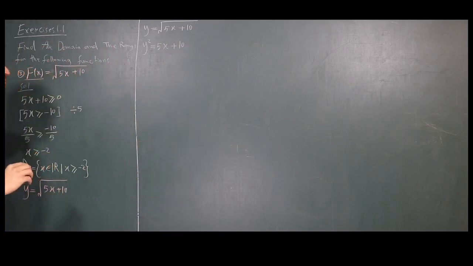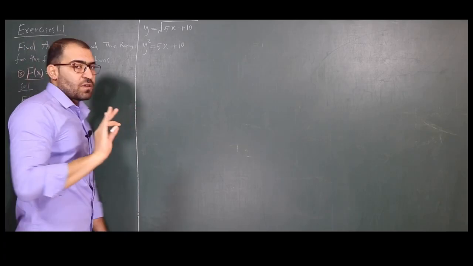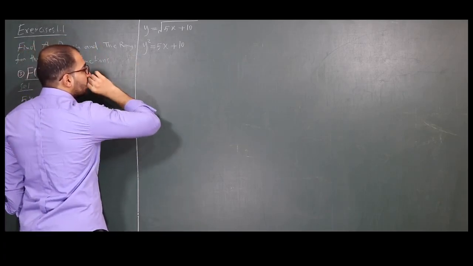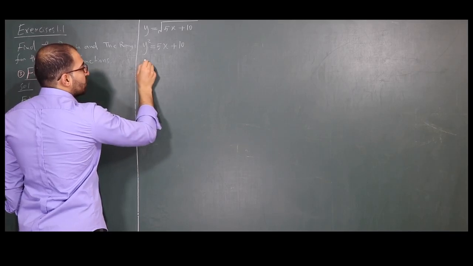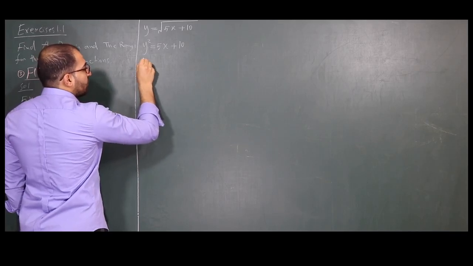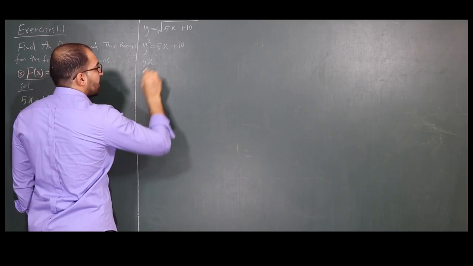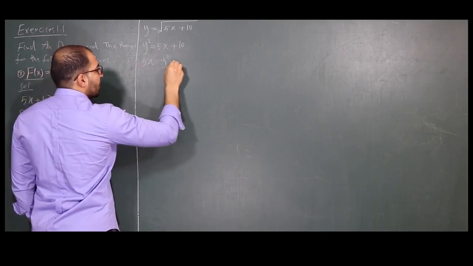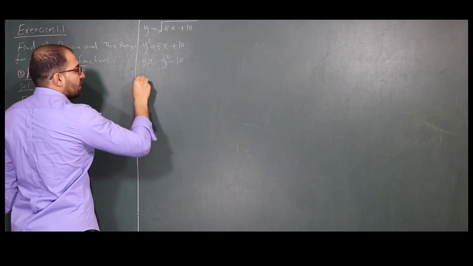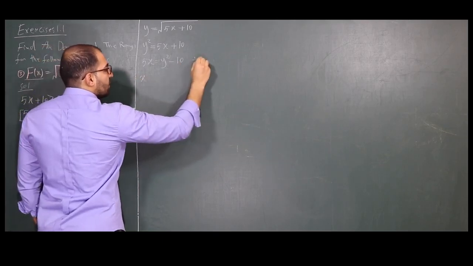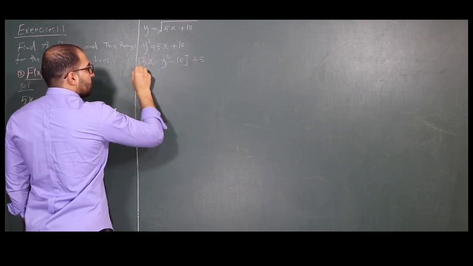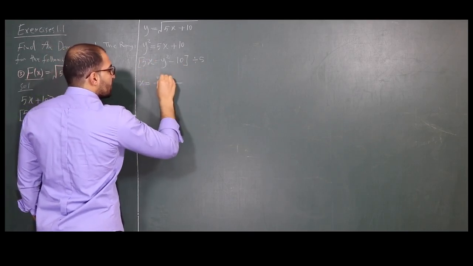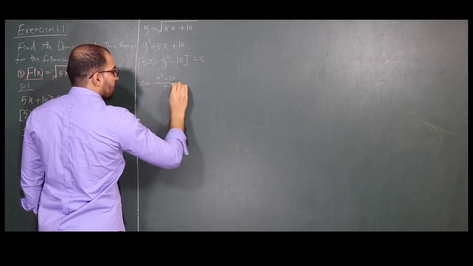Okay. And it's just a matter of observation, as I told you. So I'm going to make it easy here. I'm going to keep 5x on its side and y squared on its side, and I'm going to move the 10 to be minus 10, and I can divide now by 5 too. The result will be x equals y squared minus 10 over 5.